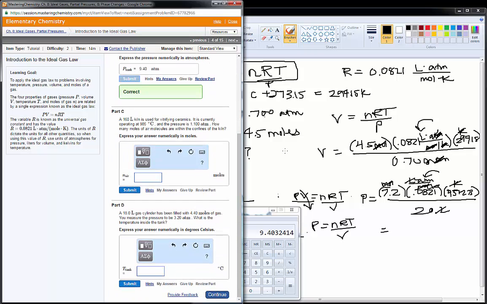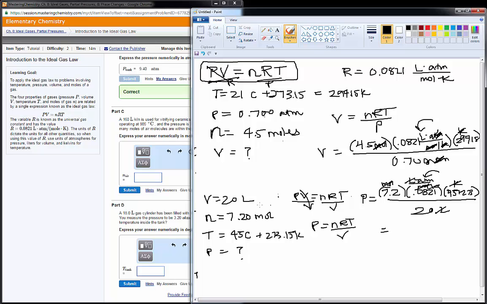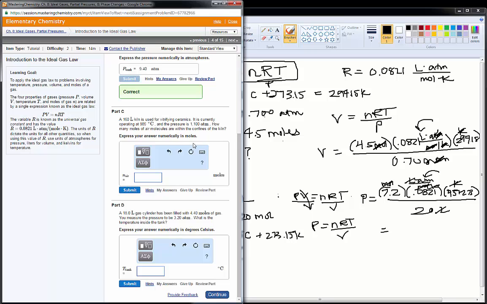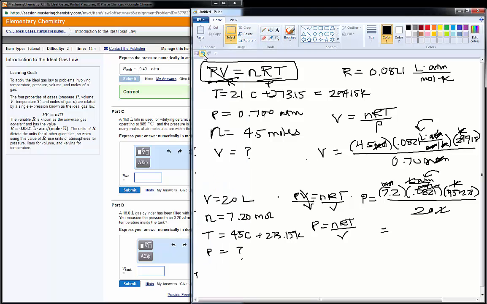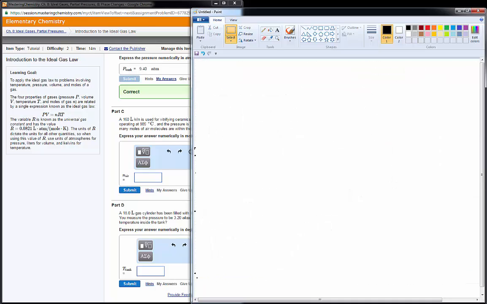All right. Our first question we solved for volume. This next question we solved for pressure. Now they want us to solve for number of moles, N. We can do that. This is all just algebra. And we are professional algebra people. PV equals nRT.